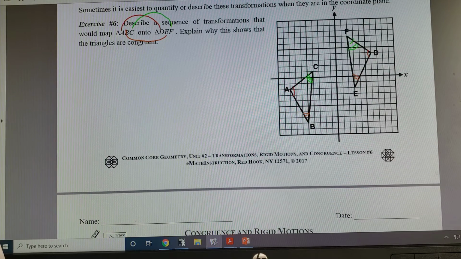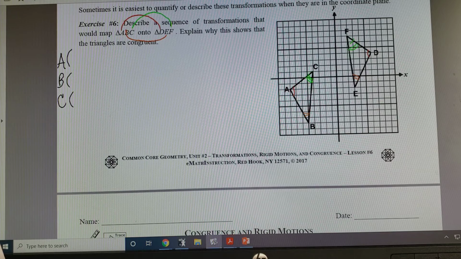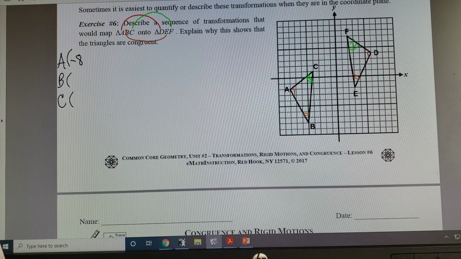Alright, Casey. I'm going to write down the original coordinates for ABC vertically like we have been doing last week. And then we're going to make some arrows and stuff. A, let's see here, here's the origin, so I have to move to the left 8 units, so -8, and down 2, so -8, -2.